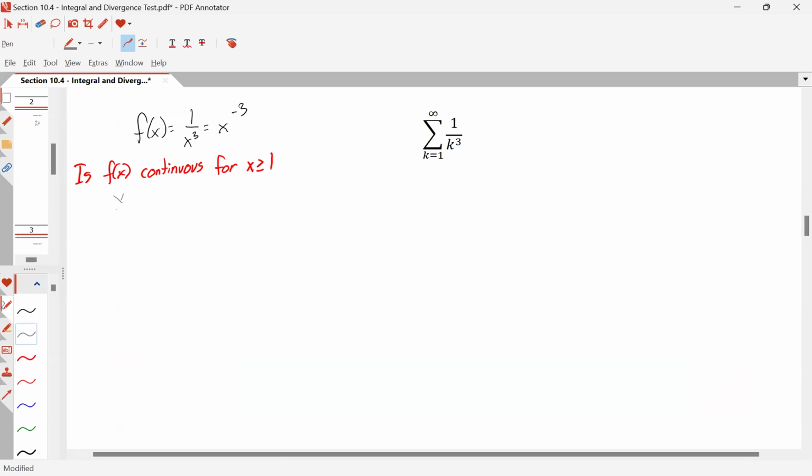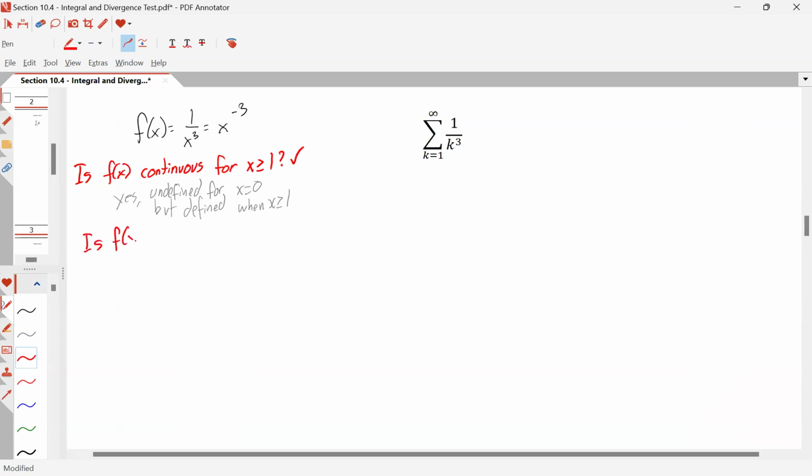And yes, 1 over x cubed is only undefined when x equals 0, but defined everywhere else. So that first property, that first question, is true.